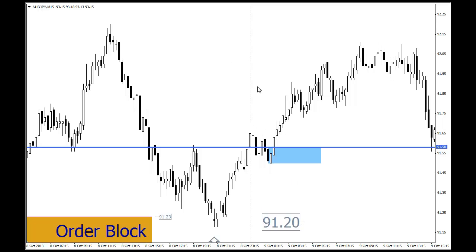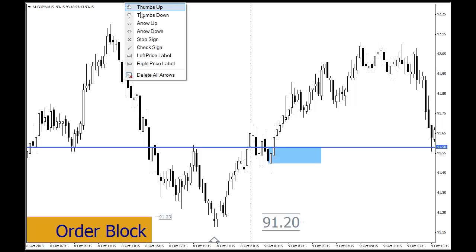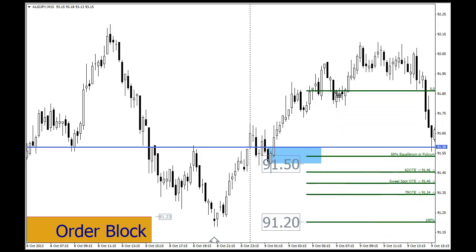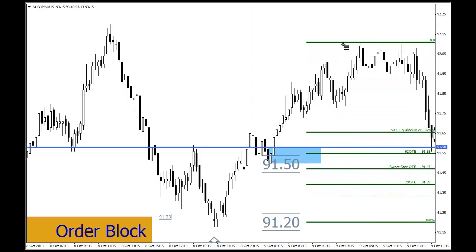We have 91.20 and 91.50. So we're going to use our fib. We're going to start with the lowest one here, just to give you an idea, to the highest high prior to it. You can see how the 62% retracement level calls for 91.55.